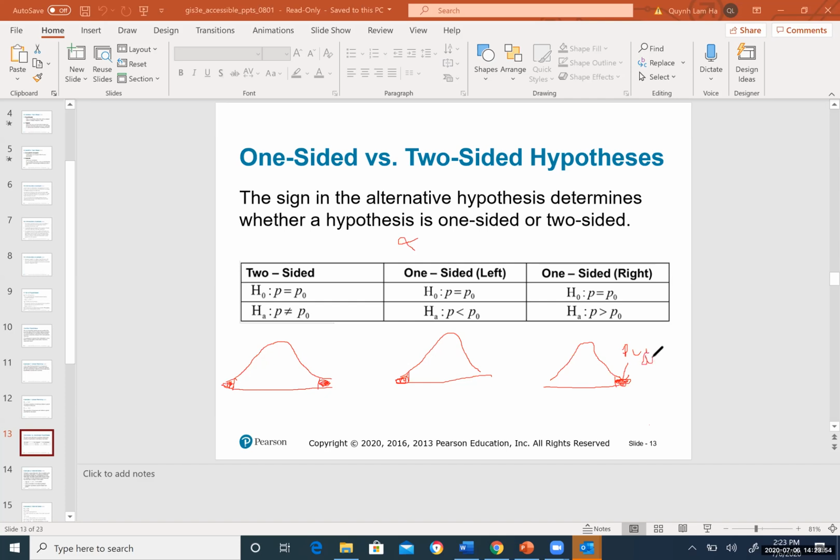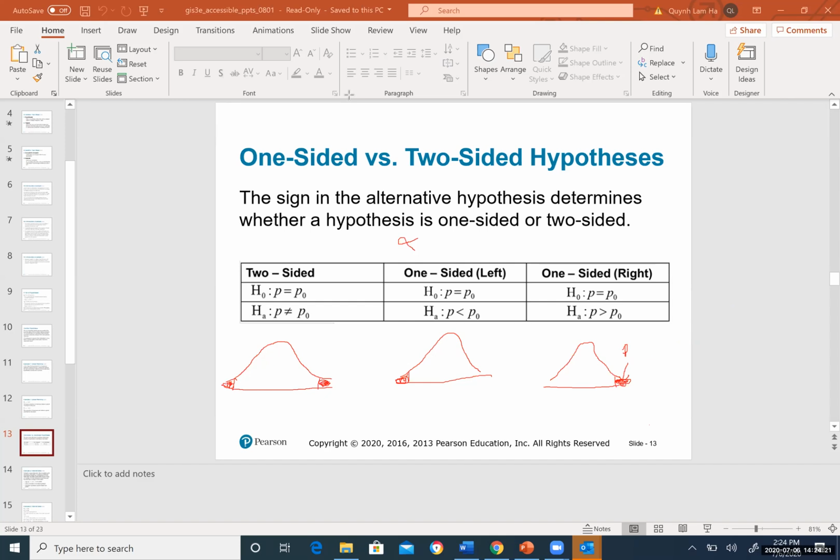Sorry, cut apart. I'm sorry, my mouse is going crazy. Actually, this is the p-value. I know I'm not using a pen, I'm using my finger now. Oh my God, no, it's not working.